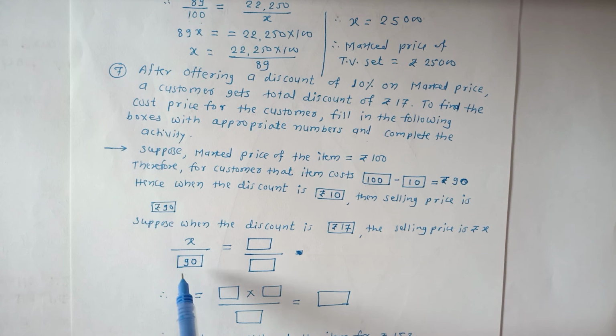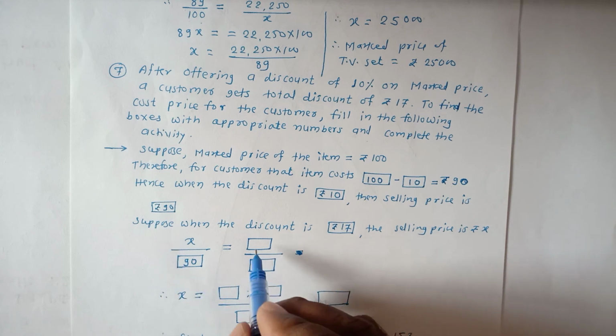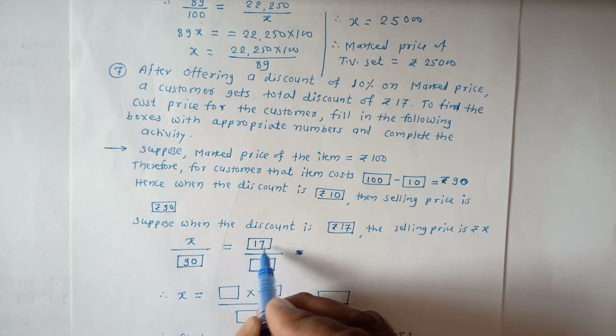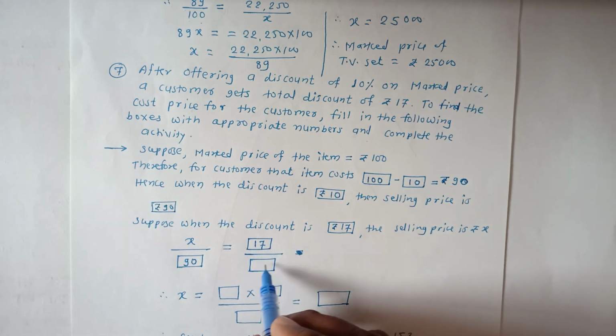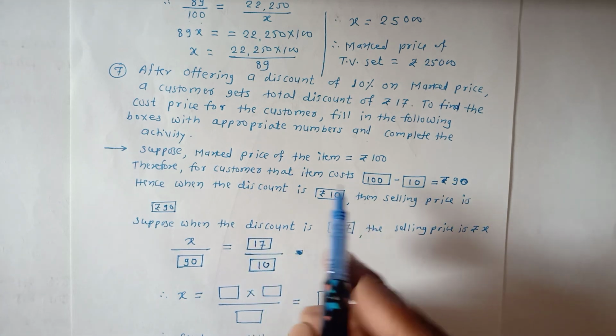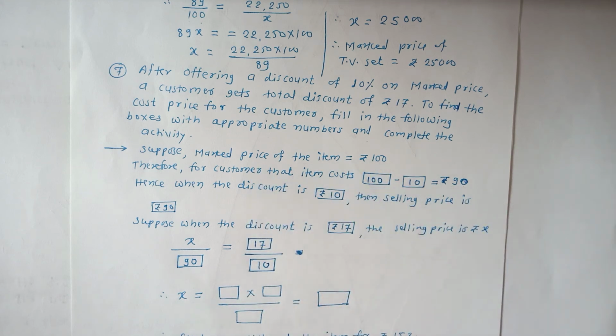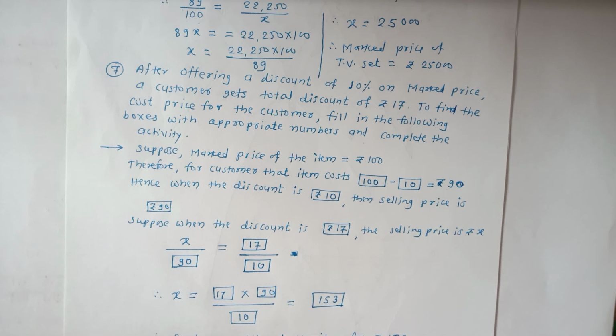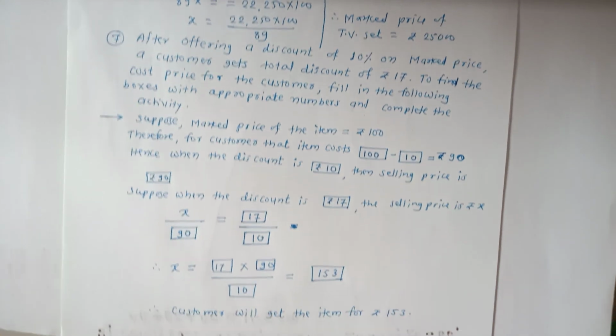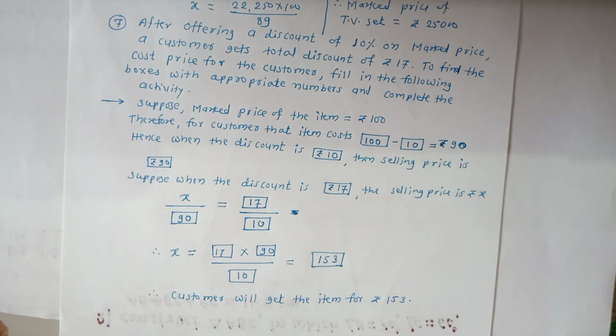So selling price upon selling price is equal to discount 17 and the first discount out of 100 is 10. So X is equal to 17 into 90 upon 10. Then this will be 153. So customer will get item for 153 rupees.